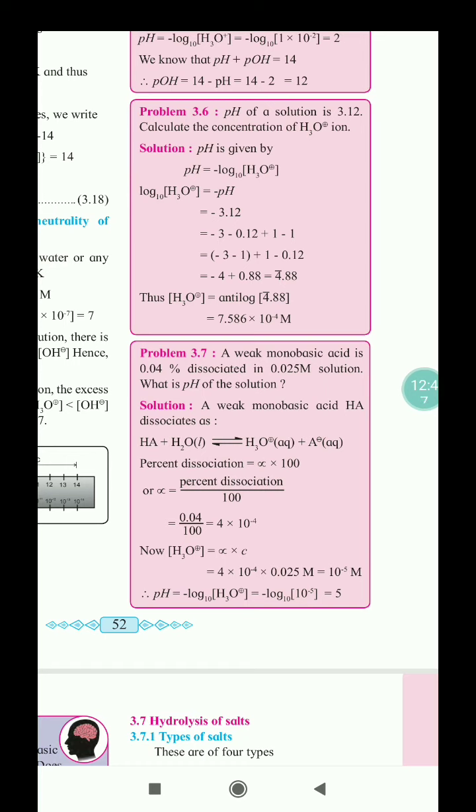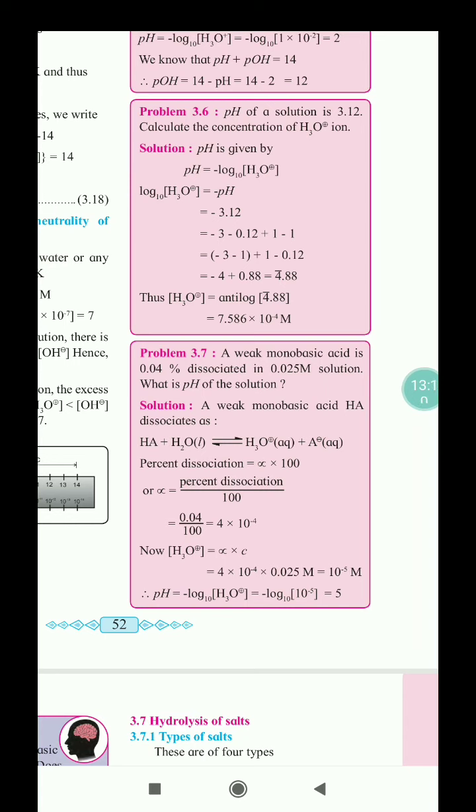Here the percentage dissociation is given, that is 0.04. Putting this value, percentage dissociation divided by 100, alpha is equal to 4 into 10 to the power minus 4. So the hydronium ion concentration is equal to alpha into C. The concentration is given as 0.025. By putting this value, we get 10 to the power minus 5 molar.